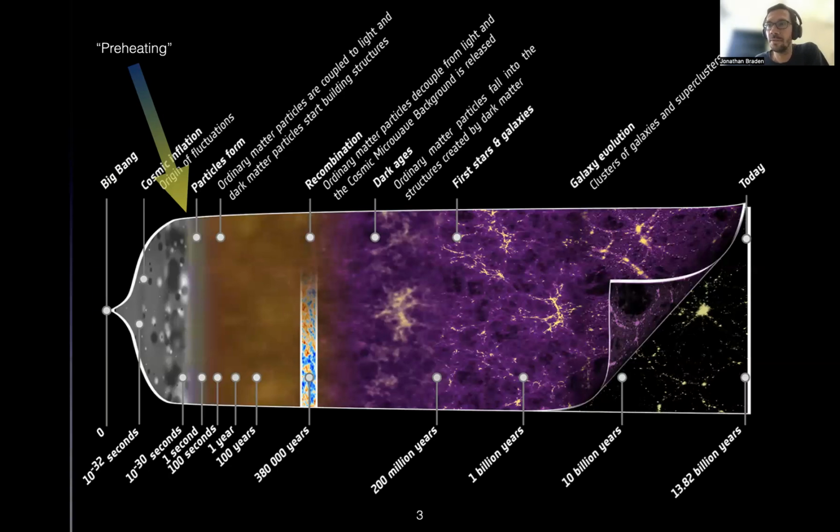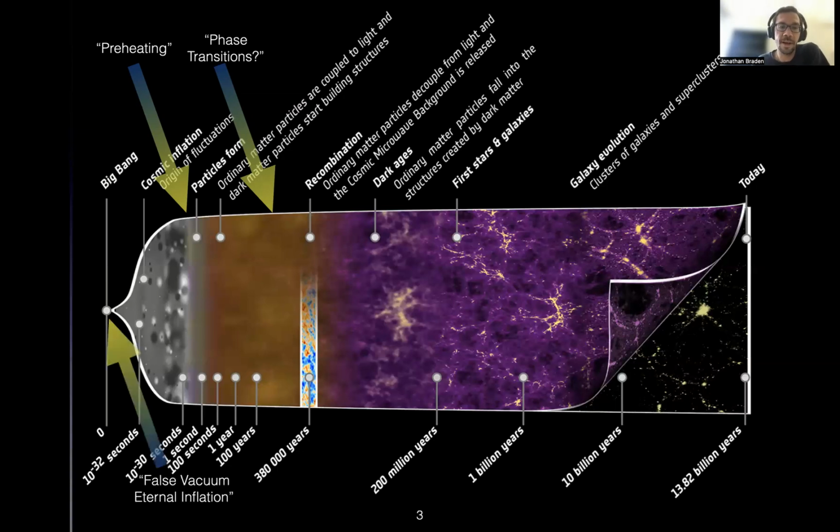And then another one is that after this very hot bath of particles emerges, a lot of ideas in particle physics suggest that the universe may have gone through a sequence of phase transitions as it was cooling down. Okay. And so it's possible that in this hot thermal bath, before the CMB forms, before you have BBN, we may have had interesting nonlinear field dynamics occurring.